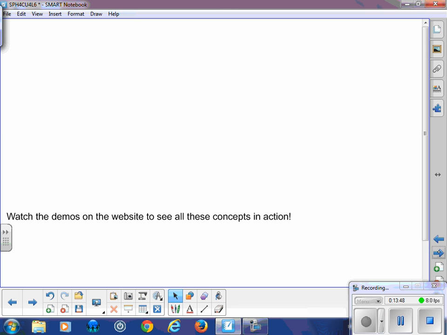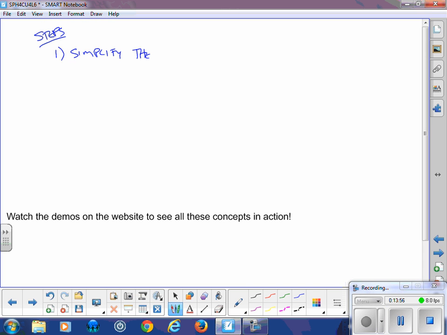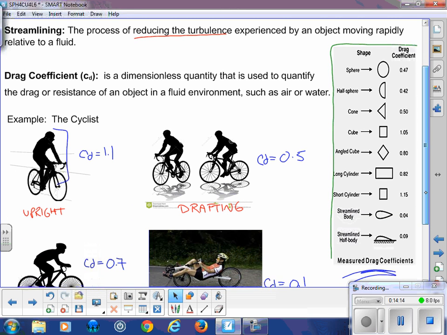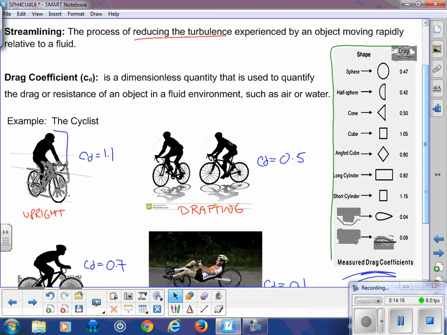So generally what happens when they do that aerodynamics, they simplify the object to basic geometric shapes. So this is old school because now with technology, with computers and stuff, they can model turbulent airflow, but they go back to the basic objects, and then they can look at this chart on your right here, and they can match up the proper geometric shape and approximate the drag.